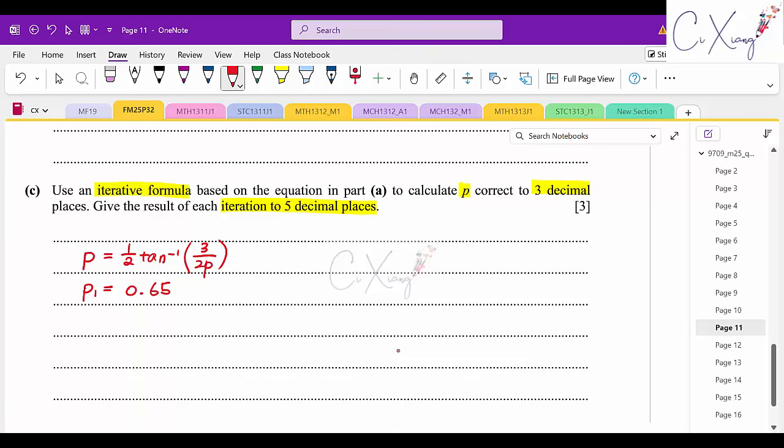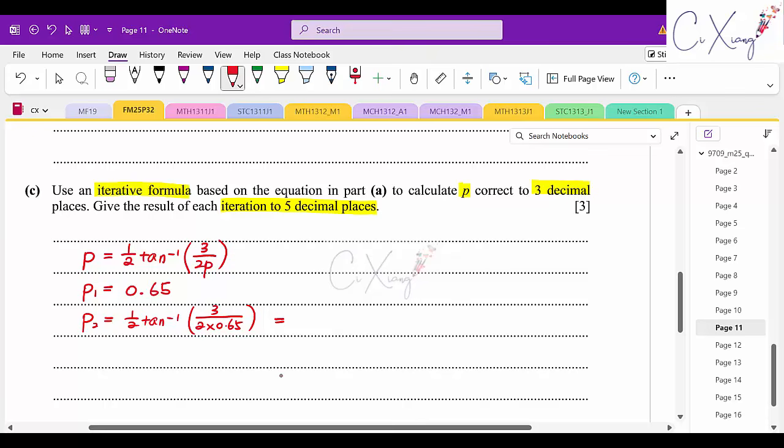That means I have to substitute the 0.5 into my iterative formula. Because I will need to repeat the process quite a few times, I can use the calculator to help me.